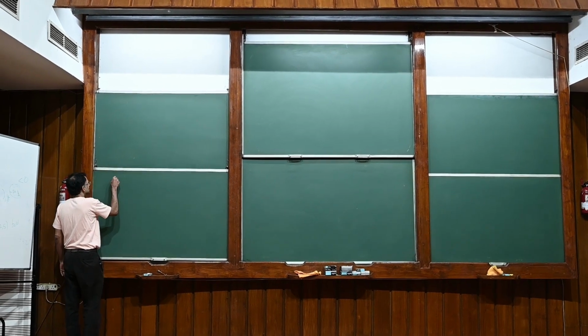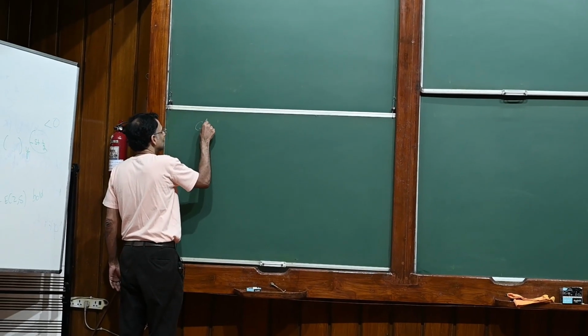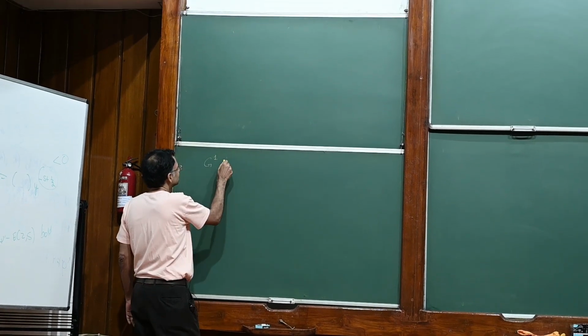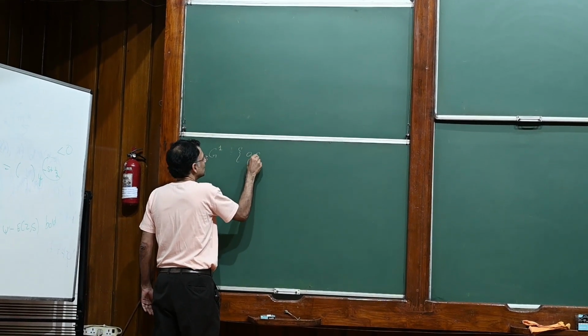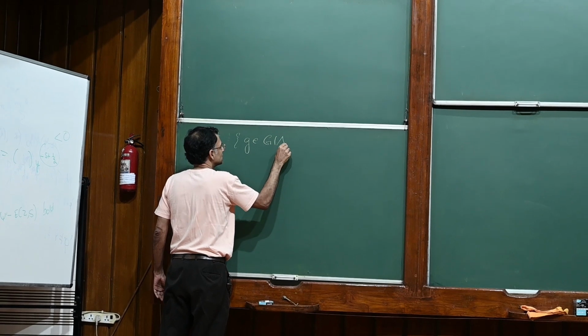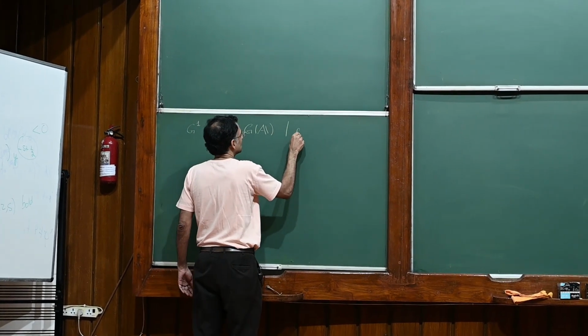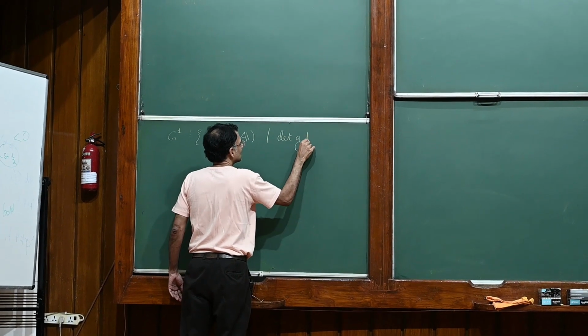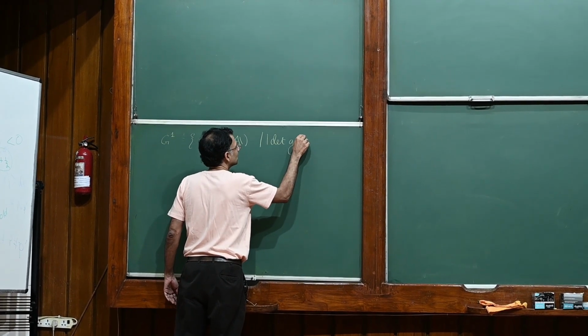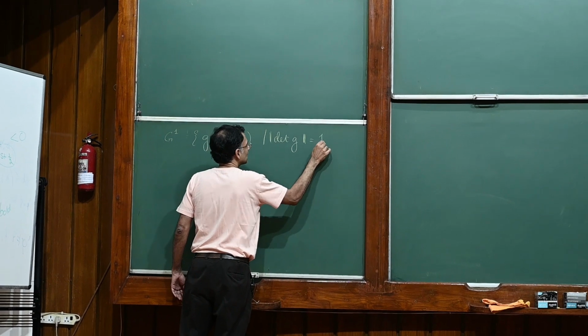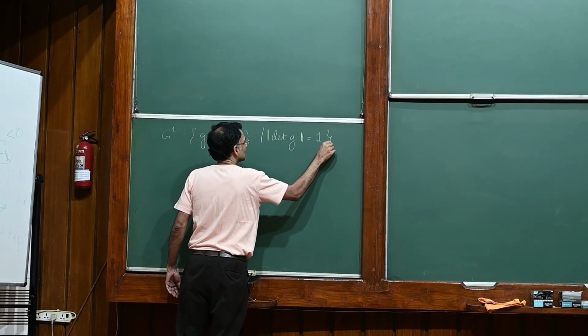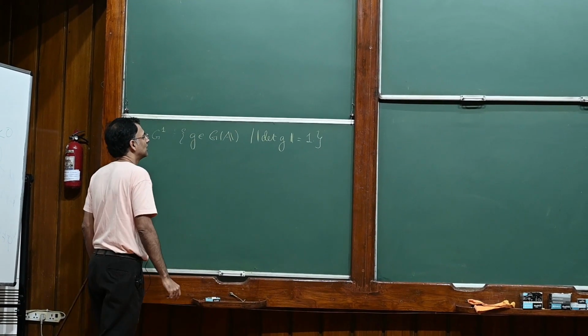There was some issue. So we have G1, and this is G in GA, such that the determinant is a unit. Okay.